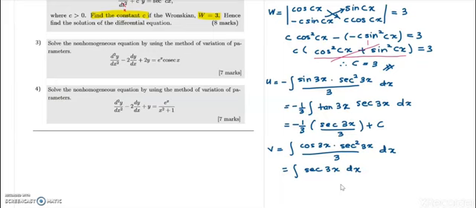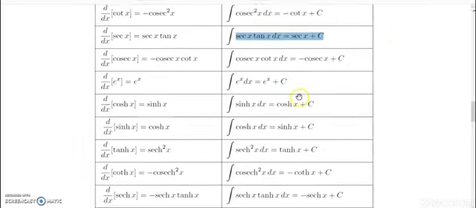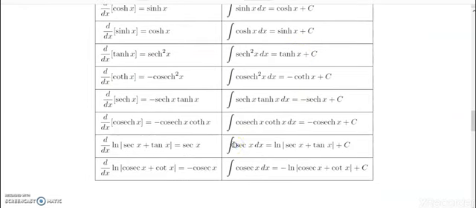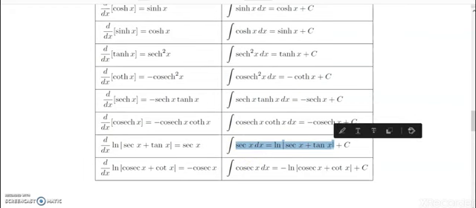This is also given by the table. The integration of secant x dx is ln of secant x plus tangent x, but we have secant 3x.